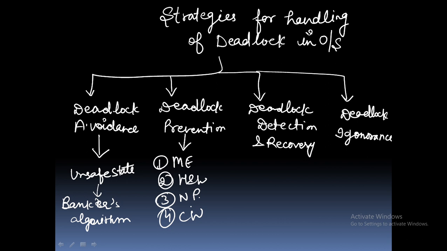Means P1 holds resource 2 and P2 holds resource 1. Then P1 is forcefully made to tell P2 to release resource 1, and P2 can be made to tell P1 to release resource 2 so that they can use it.